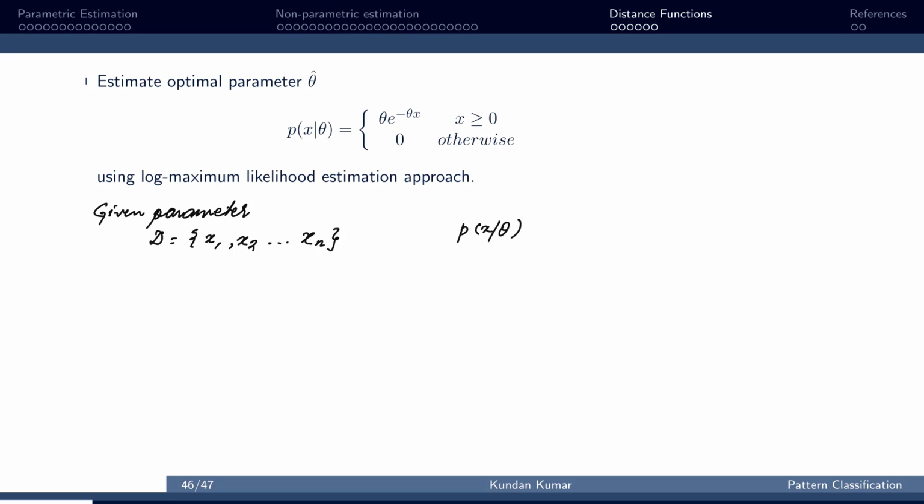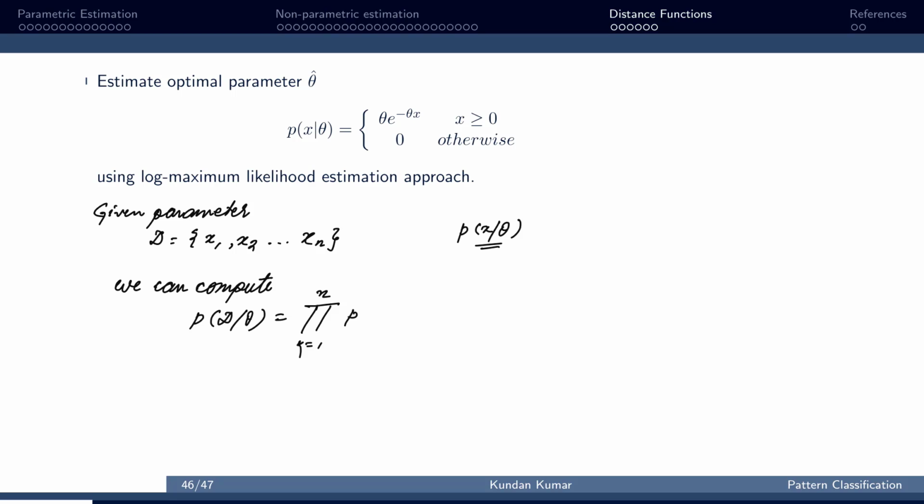Okay, so here this distribution is given to us. So we can compute p of D given theta, and we have to multiply all the probabilities associated with the data samples given parameter theta.